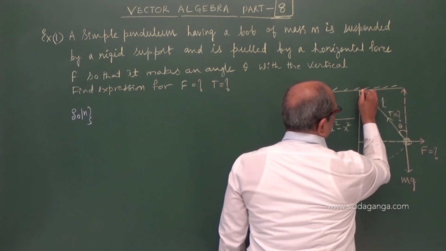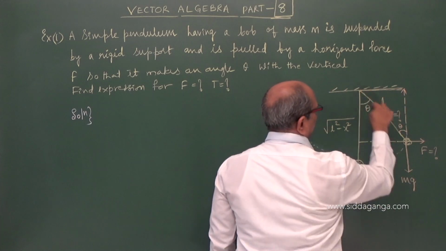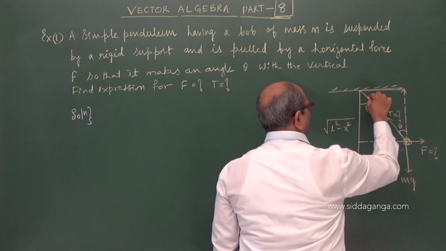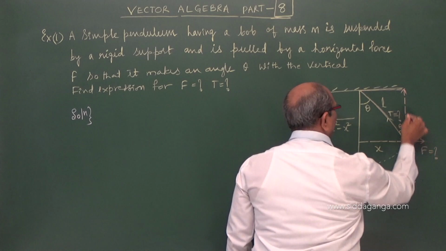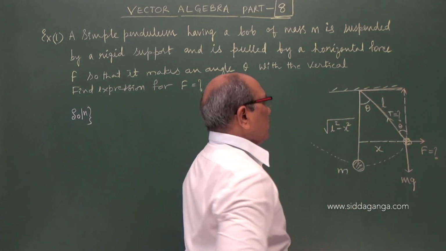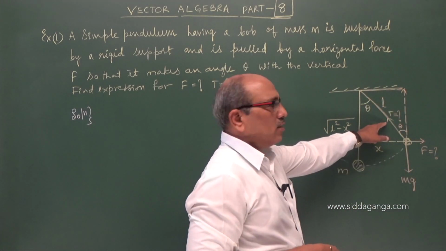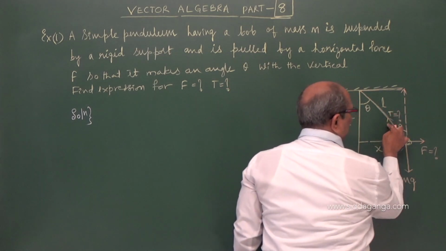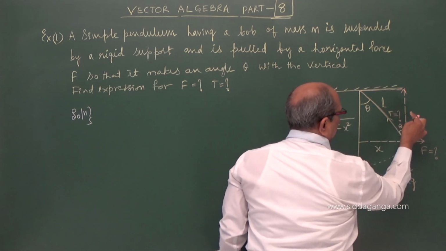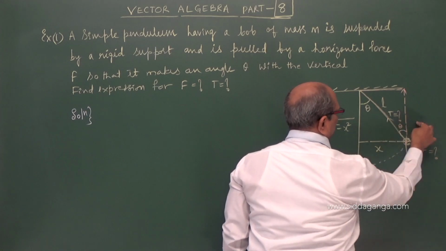Suppose I complete this triangle, look into this triangle which I am showing. Now the tension T, I want in terms of this component, adjacent side by hypotenuse.